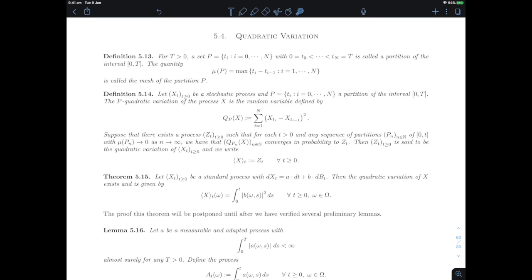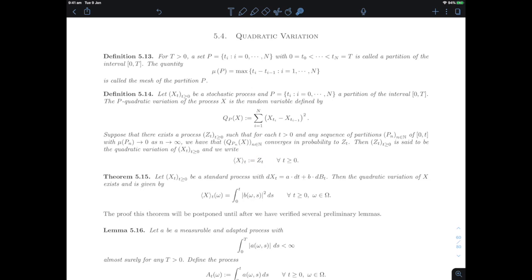If that limit in probability of the sequence of P-quadratic variations exists when the mesh of P goes to 0, then you say that X_t admits a quadratic variation process, and this quadratic variation process is Z_t.